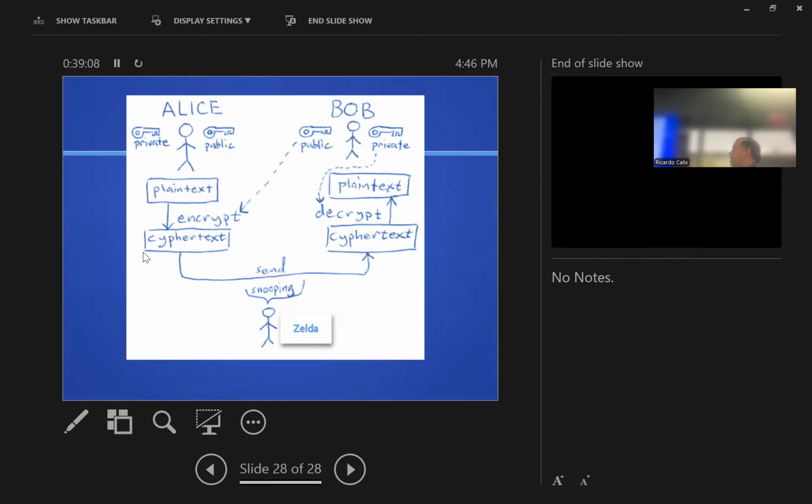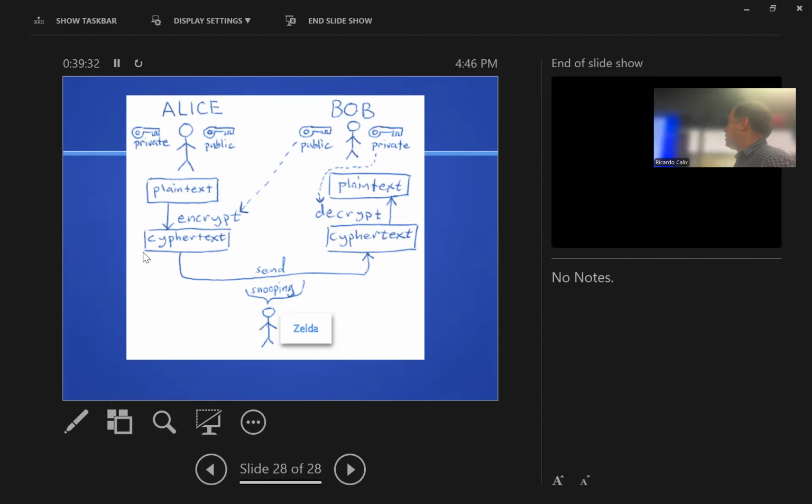So Alice will create a private and a public key, and Bob also will create a public and a private key. And assume, like in the first picture, Alice is on the moon, Bob is on Earth, so they're really far away. But Alice has a website and Bob has a website, and they place their public key there. That's it.